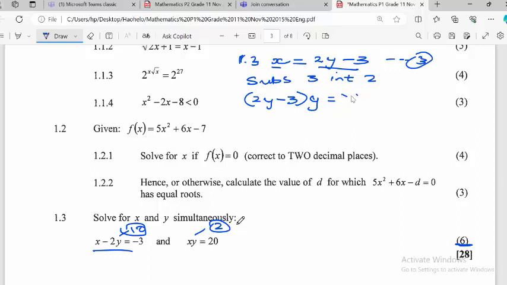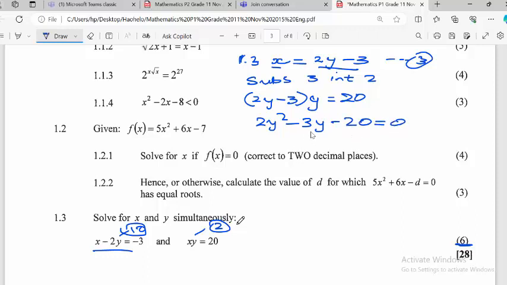Now I'll have to multiply into the brackets. So I've got 2y squared, minus 3y. And then I'm going to take the 20 to the left because it seems like we have a quadratic, and then minus 20 is equal to 0.